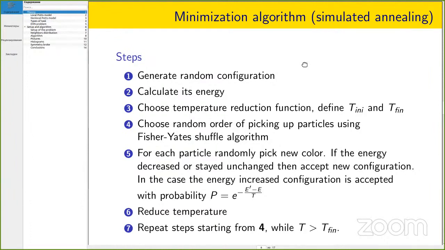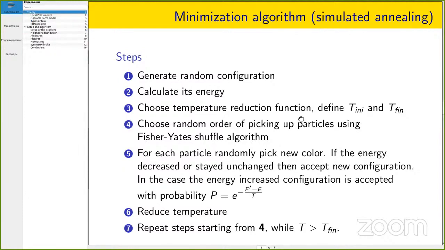Here we have a probability to accept a configuration with increased energy. And as temperature reduces, this probability goes down, and eventually we find ourselves in a state which has a much higher probability of being a global minimum compared to the greedy algorithm.